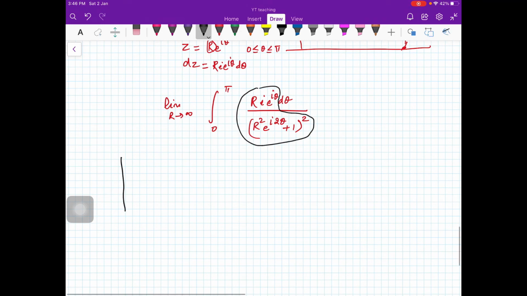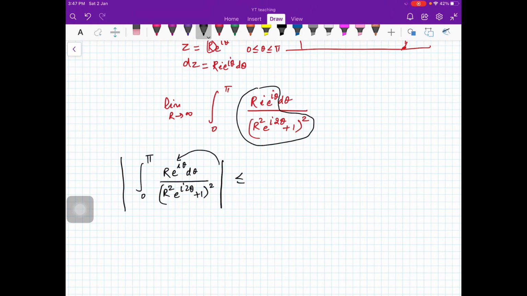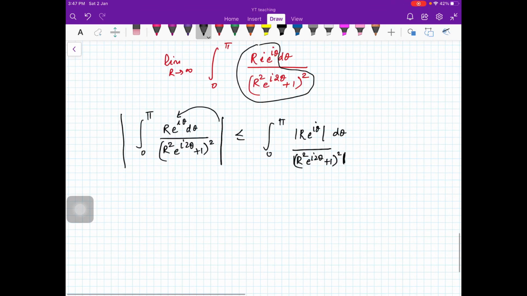So I look at the integral from 0 to pi of R e raised to power iota theta d theta upon (R squared e raised to power iota 2 theta plus 1) whole squared. I'm taking the modulus, and I know that if I take the modulus inside, this is less than or equal to the integral from 0 to pi of the modulus of R e raised to power iota theta d theta upon the modulus of (R squared e raised to power iota 2 theta plus 1) whole squared.